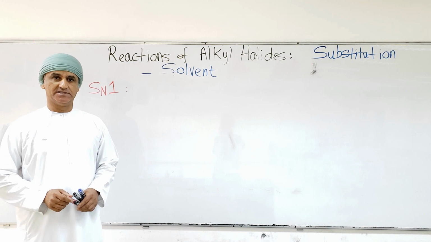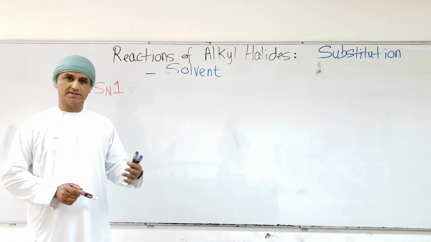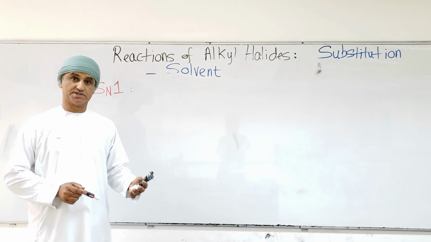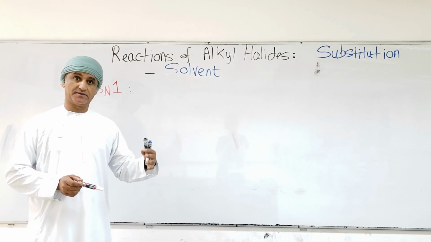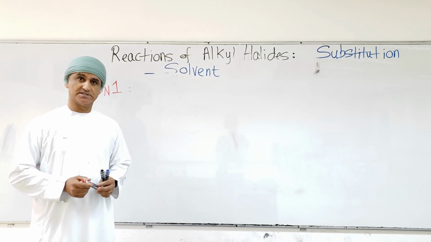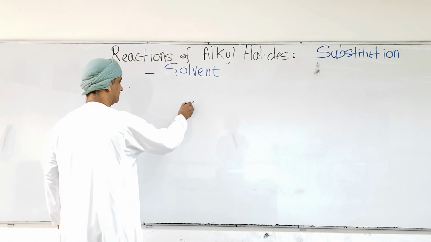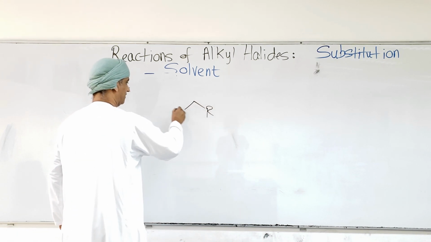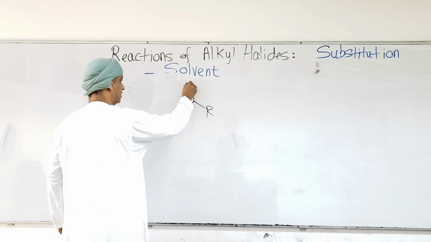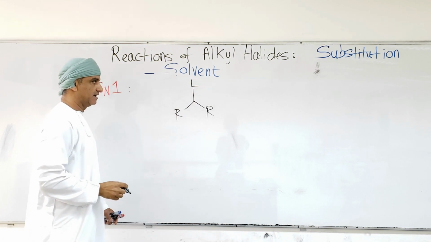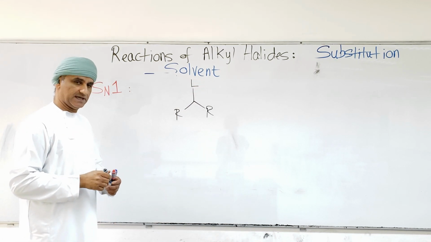What about solvents in Sn1 reactions? What characteristics should solvents have in order to be suitable in Sn1 reactions? Let's recall the mechanism. This is the general structure of the substrate with L as a representation of a leaving group.